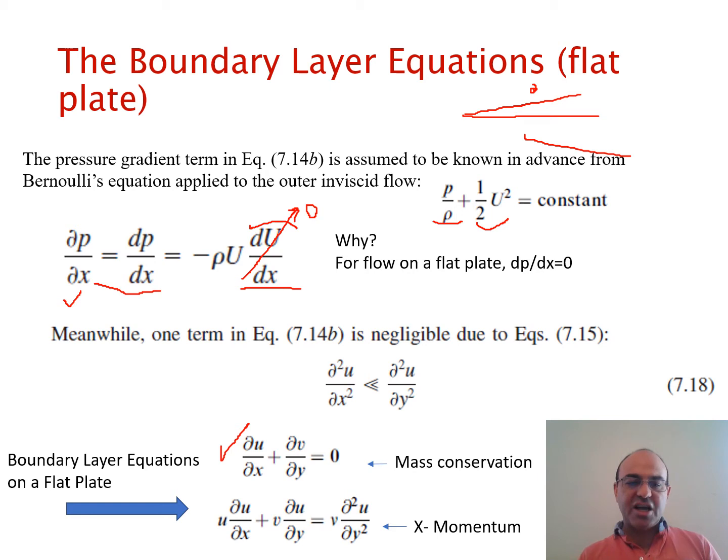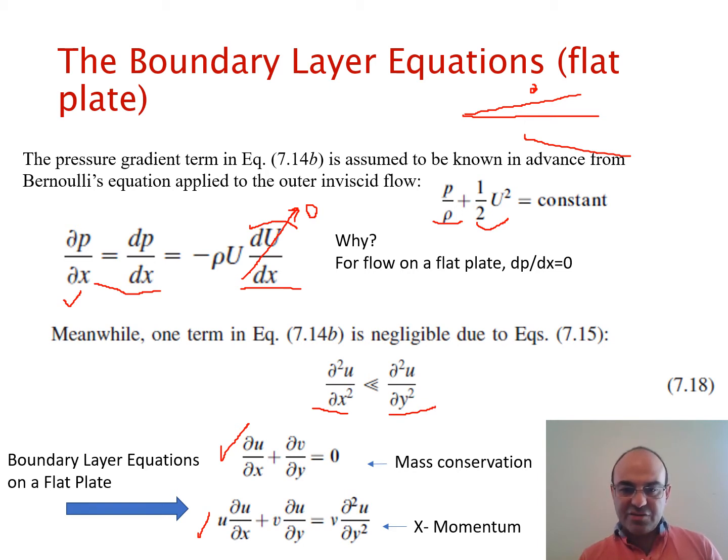And then the x component of the Navier-Stokes equation: the first part is the acceleration. The second part had a pressure term, dp/dx, which is equal to 0, so we don't have it. And then on the right side, we had nu times the second derivative of u with respect to x, and then the second derivative of u with respect to y.